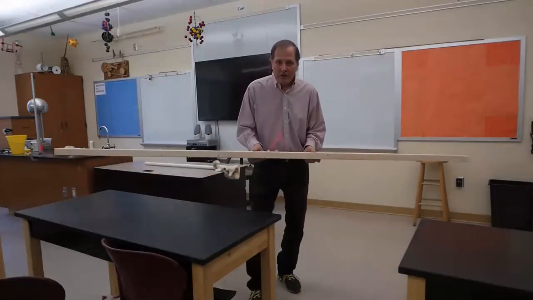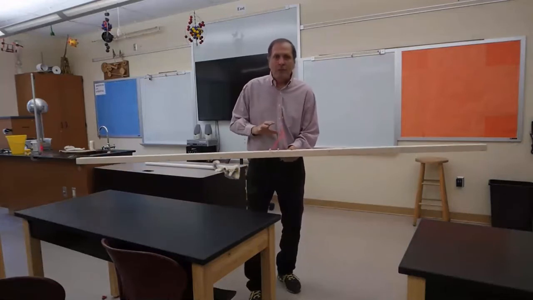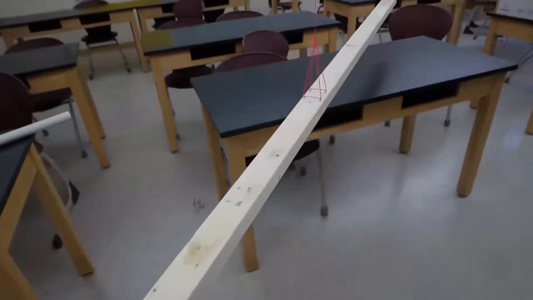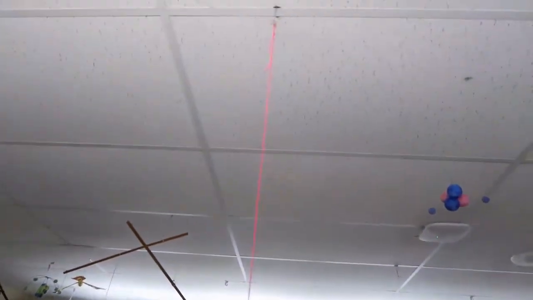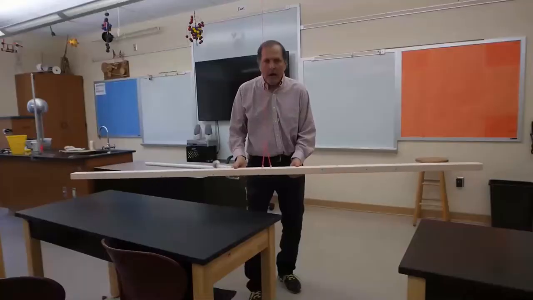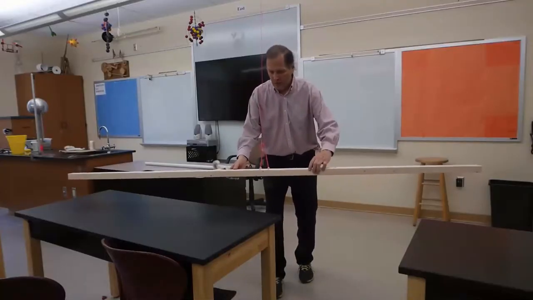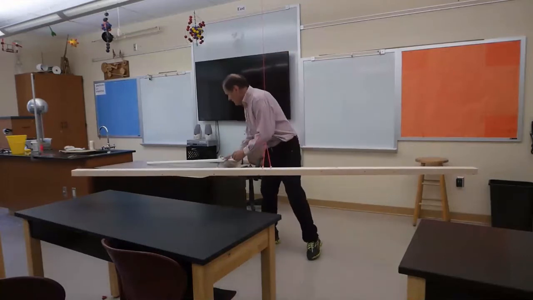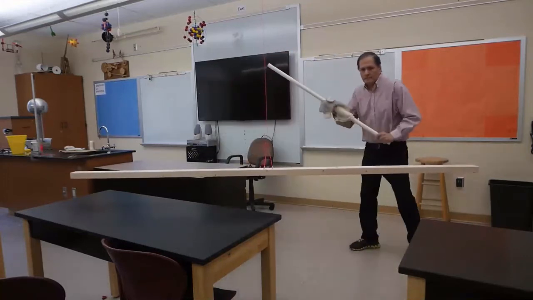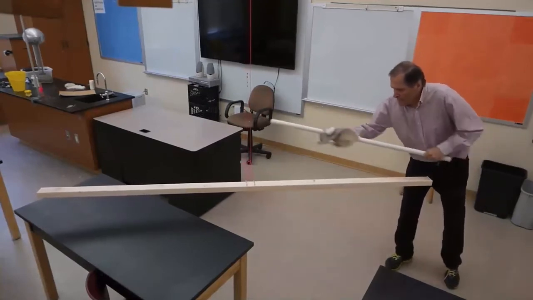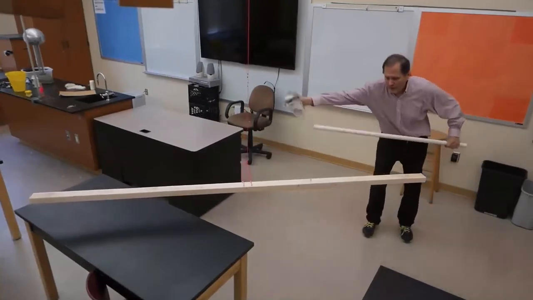Now, wood is actually a very good insulator. In this case, I have an 8-foot 2x4 hanging from the ceiling. And the charge on it is neutral, but we're going to see if we can move it with a static charge. Now we'll get a nice charge on our PVC pipe here and see if we can move it.